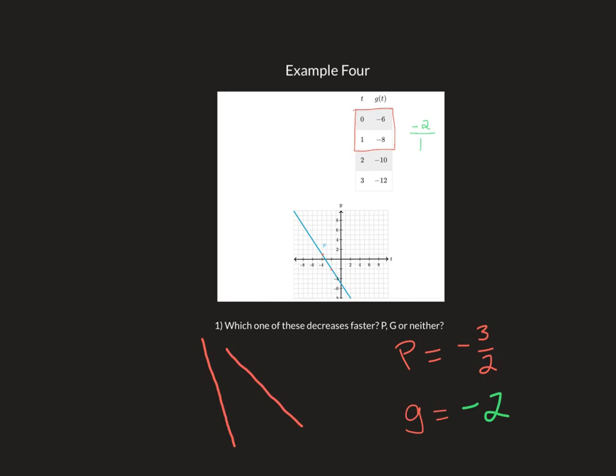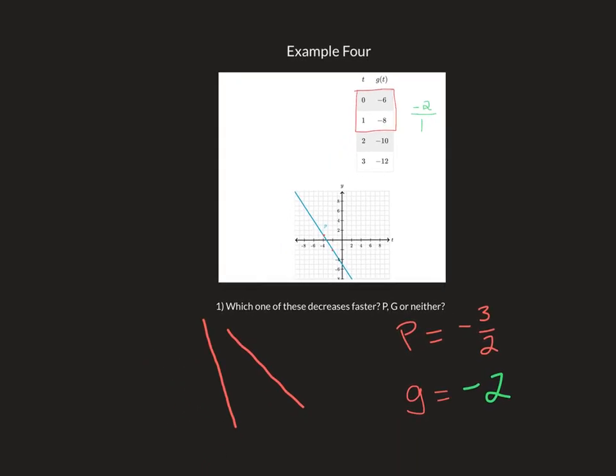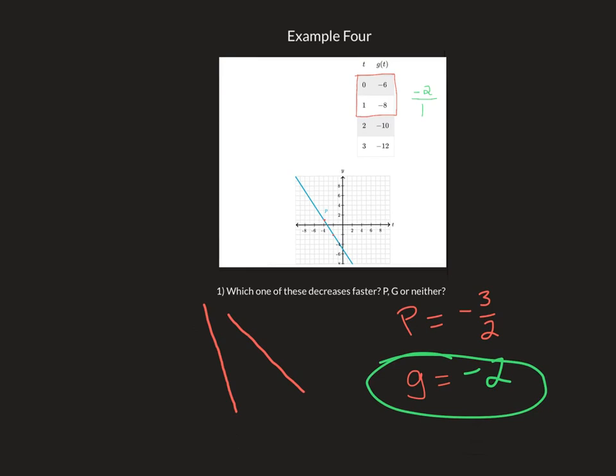So for us, the one that is going to be decreasing faster is G, because a slope of negative 2 is steeper, like this, than P.